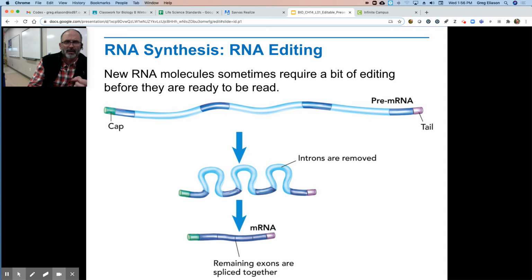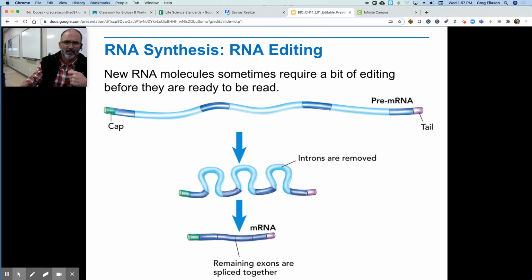Now, there's a couple of other parts. Once we pull this strand of RNA off, a portion of it is basically going to be edited, and there are some parts in there that we're going to edit out. So there are introns and exons.